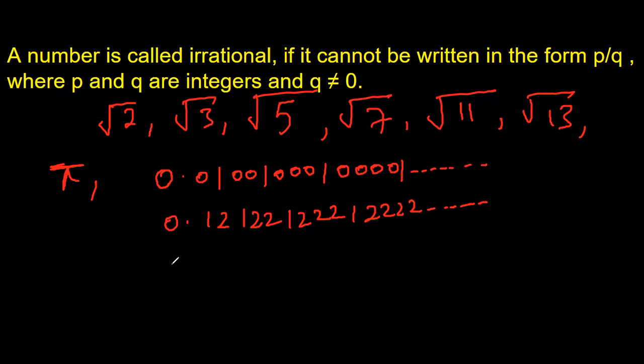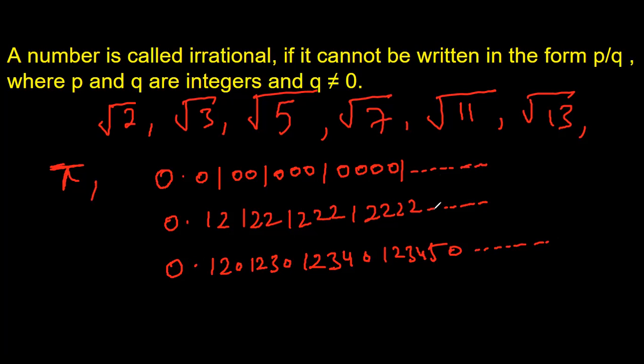Now see, if I give another example, 0.1201230123401234, isn't it fun? Like that it continues. Make sure that you write this dot dot dot, which means this number is continuing forever like this. So these are examples of irrational numbers.